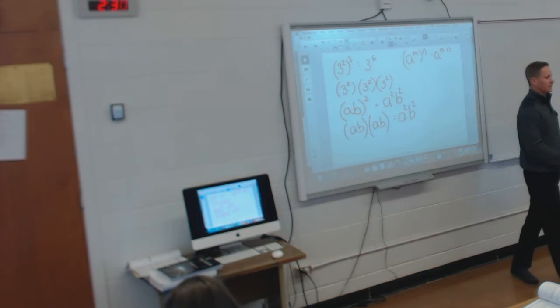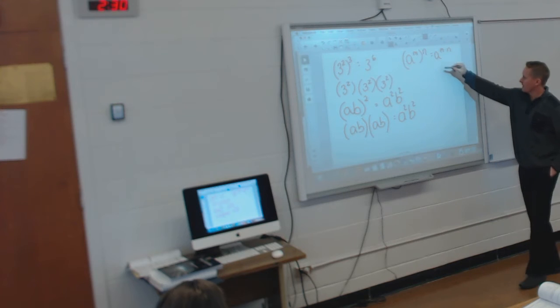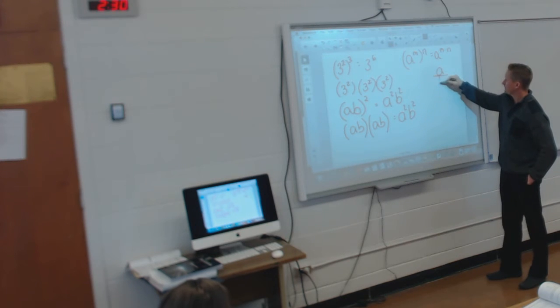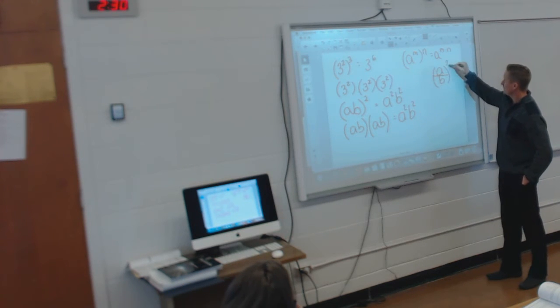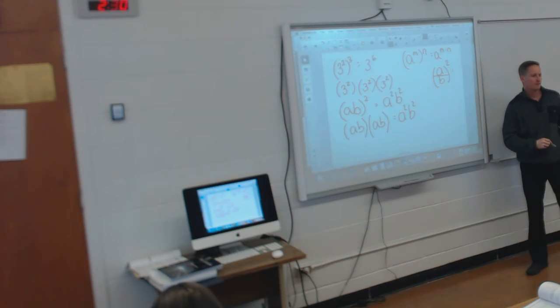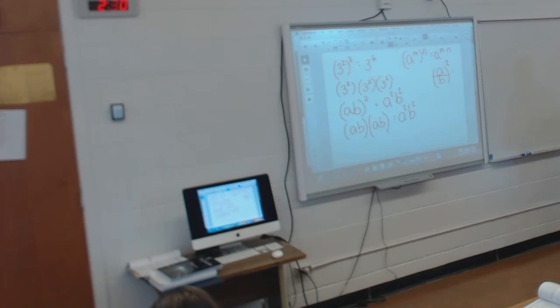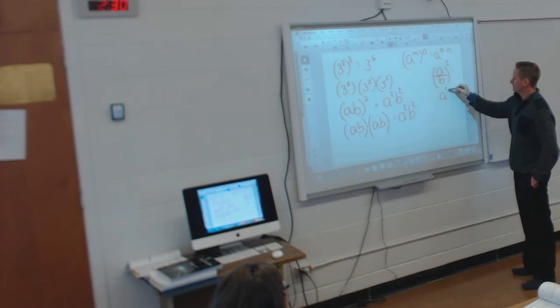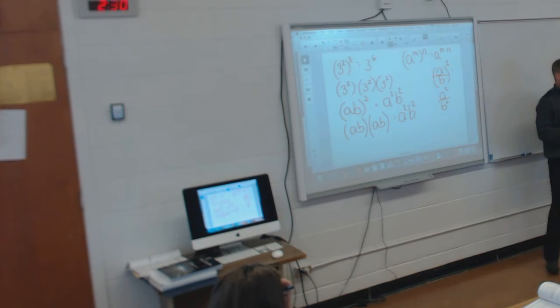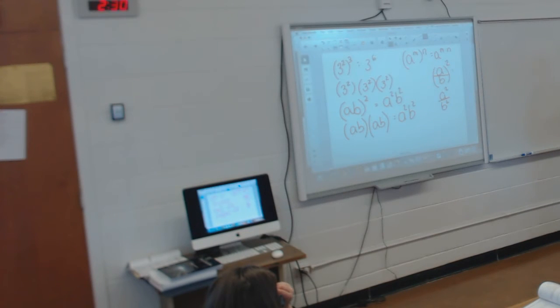So far, so good. The same thing occurs here. A over b squared is like saying a squared over b squared. That exponent goes for both of them. So far, so good? All right.